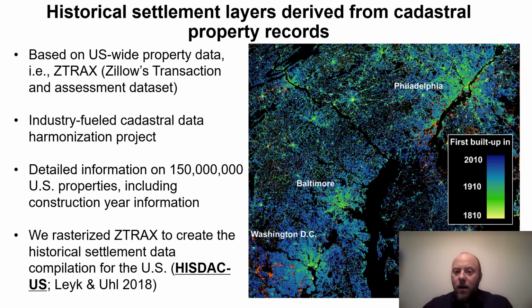Some remarks here on the color scheme. This is a pre-defined color scheme in ArcMap. I used ArcMap for this. I see age here as a rather qualitative variable, even though it's of course a quantitative variable, because it's measured by the minimum construction year per grid cell, right?